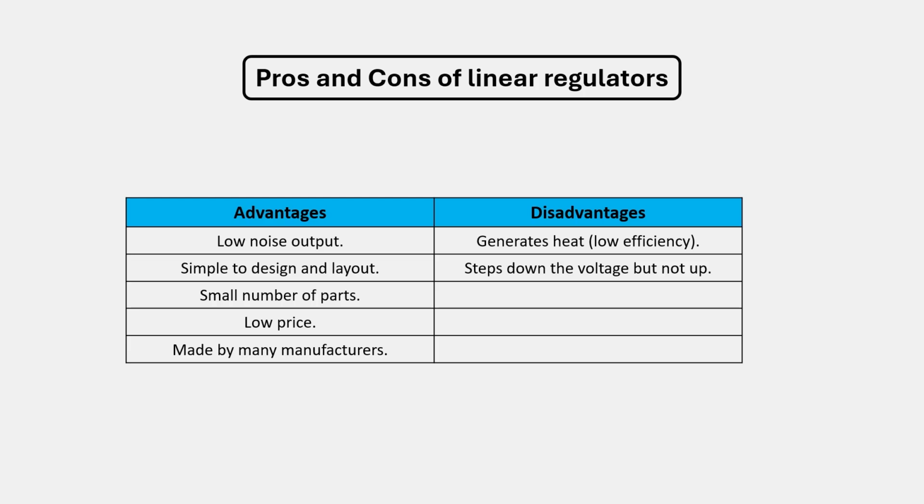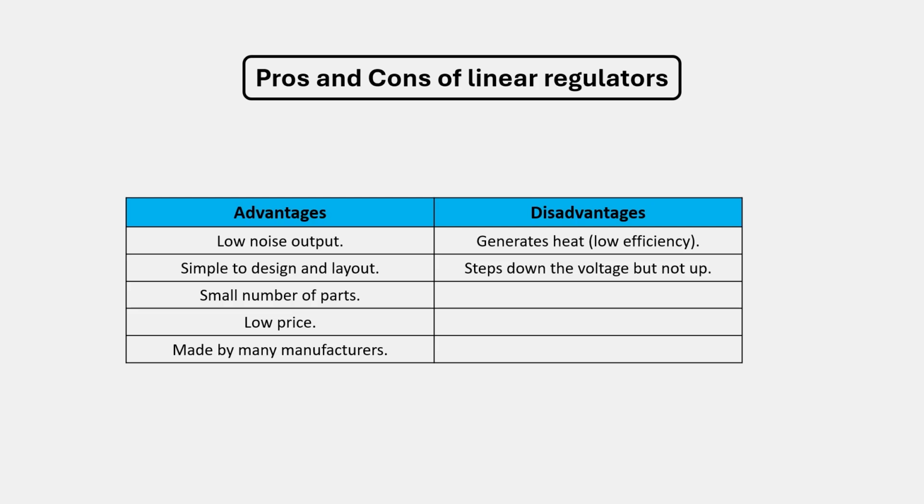But for the disadvantages, the very first one is going to be the generation of heat, namely the low efficiency. For example, if you have a battery powered device and you do not have a buck regulator before the LDO, it will waste a lot of power. It may not necessarily generate heat because of that, but of course it's going to waste a lot of precious power.